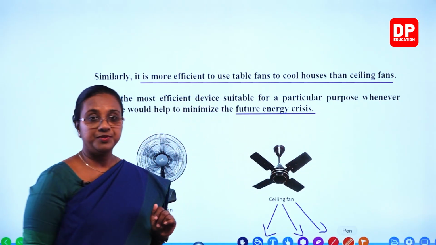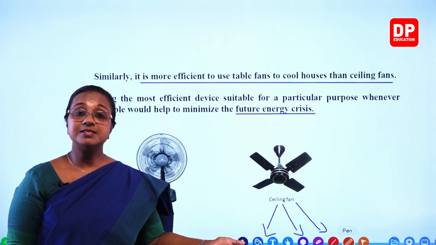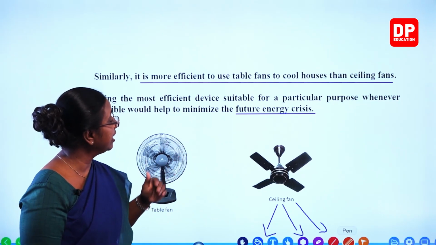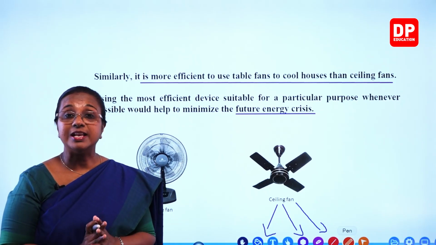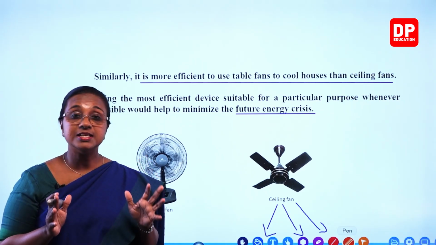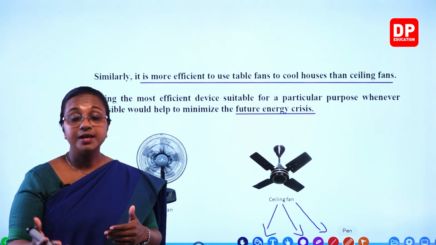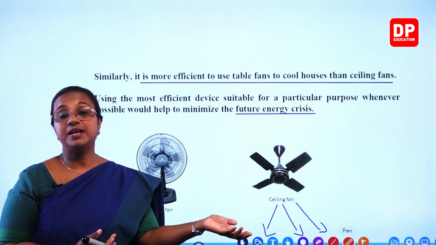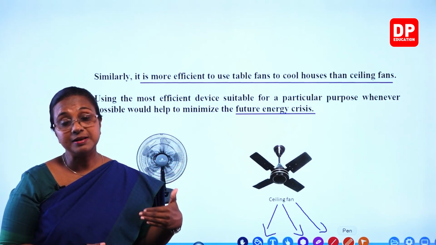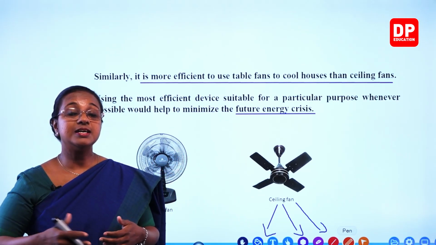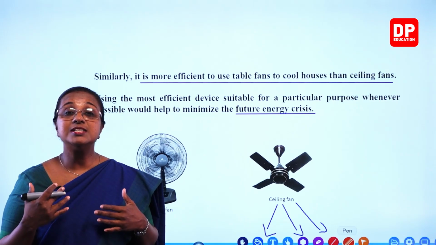If you consume less electricity, more electricity can be conserved, and that will help to prevent or minimize the energy crisis in the future. So that's very important. You have to consider all the reasons. Sometimes, when it comes to cost, people tend to go for cost-effective electric appliances, that is, devices that are cheaper in price, but they do not consider the long-term expenses or the efficiency. So you have to consider all that.